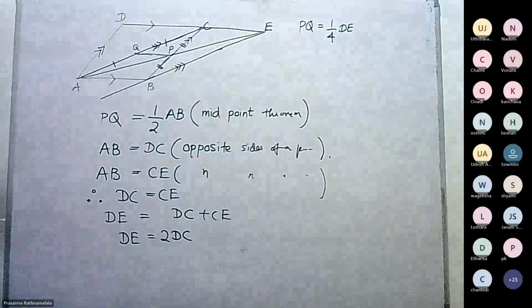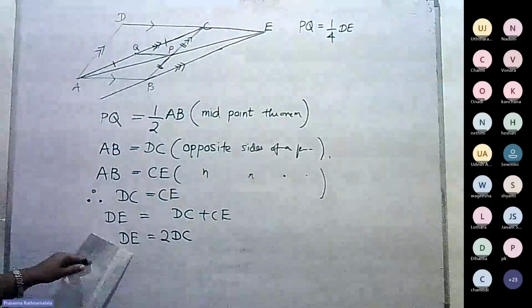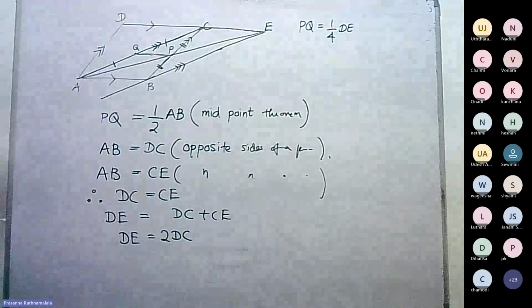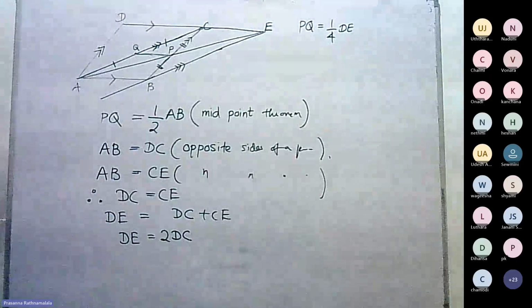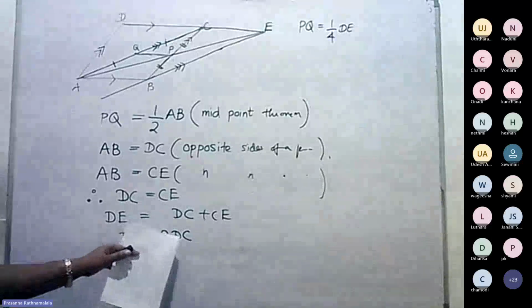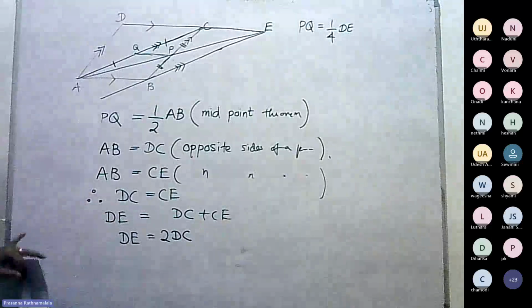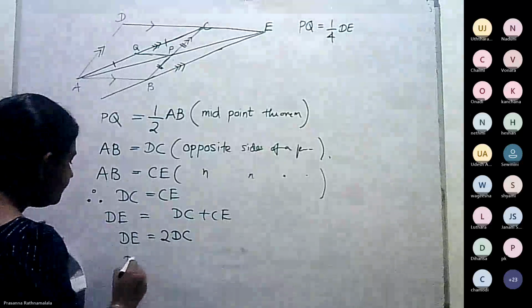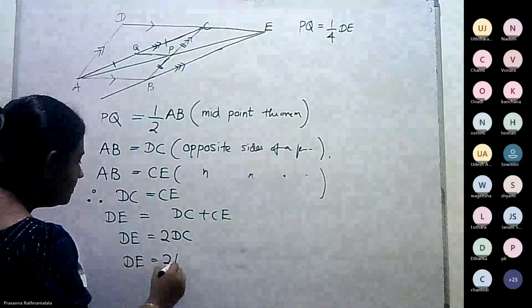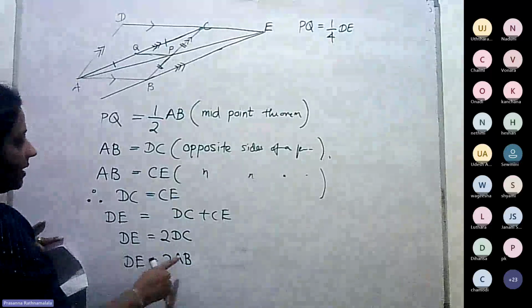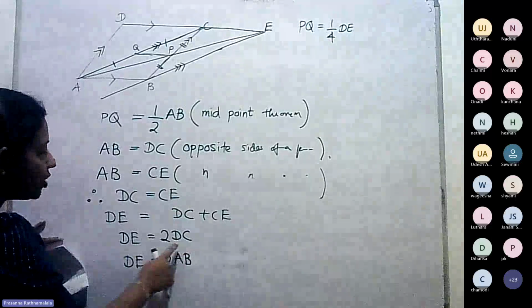DC equals AB. Twice of AB. DE equals twice AB. Then you can make AB the subject.